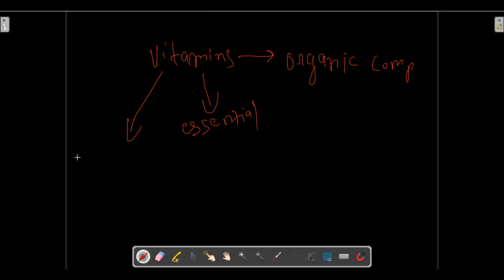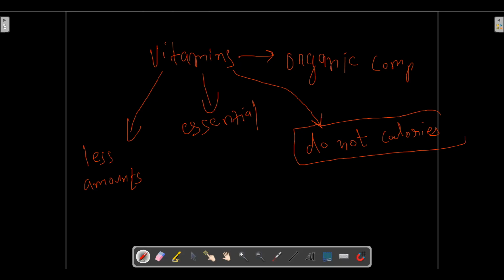They are needed in small amounts. And the fourth condition is that they do not provide calories.